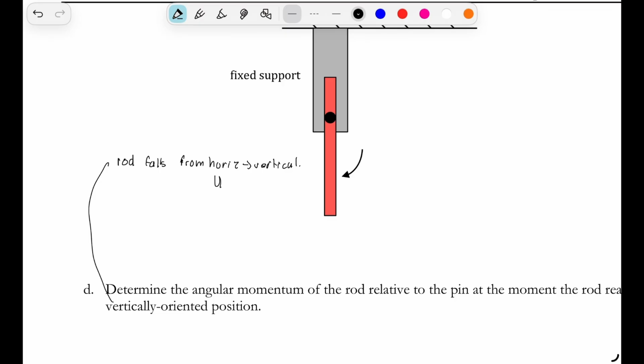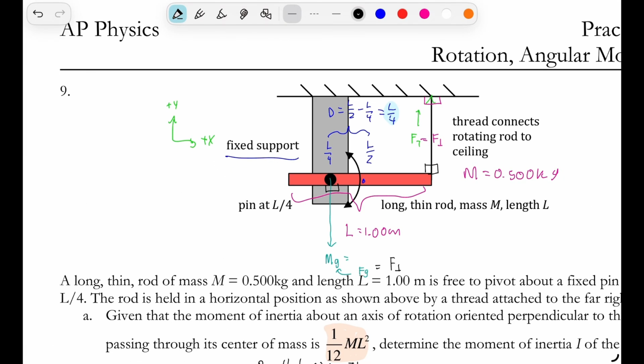When it was at a horizontal position, it had gravitational potential energy, UG. And then when it's at the vertical position, it goes into rotational kinetic energy.